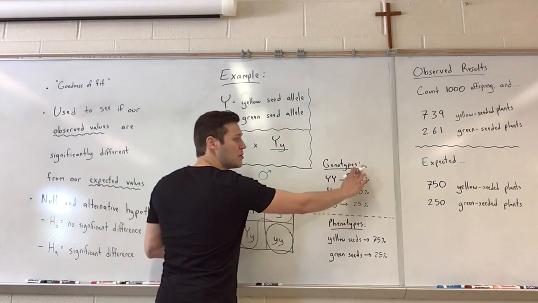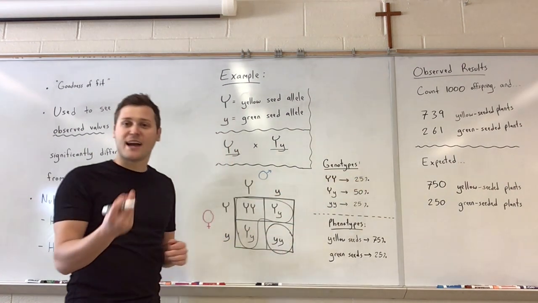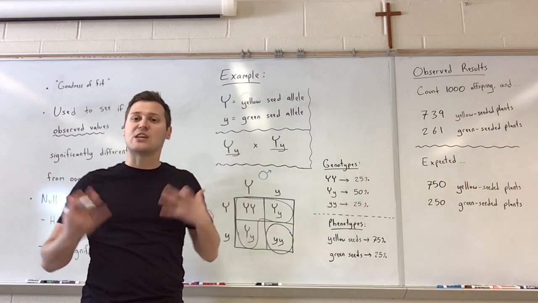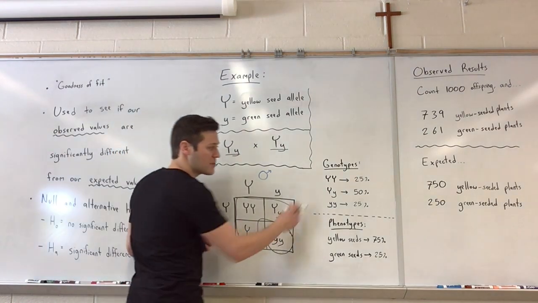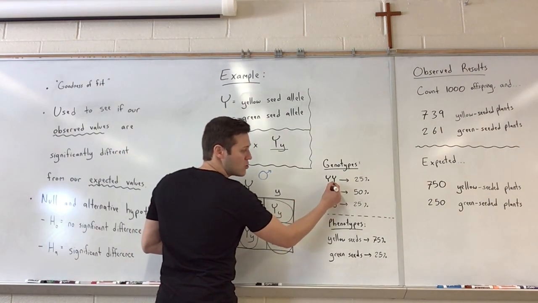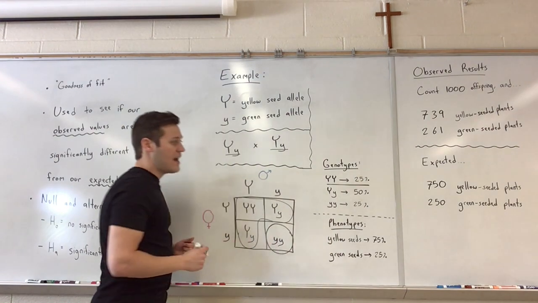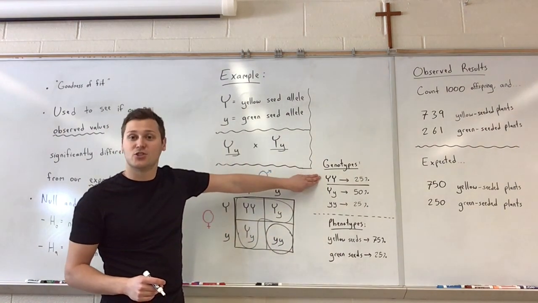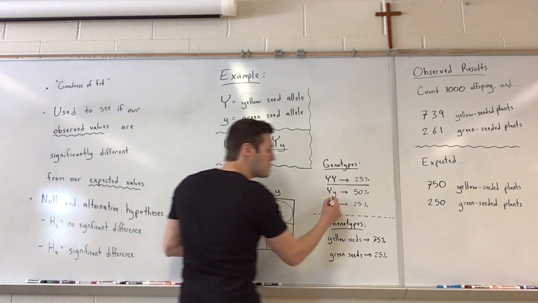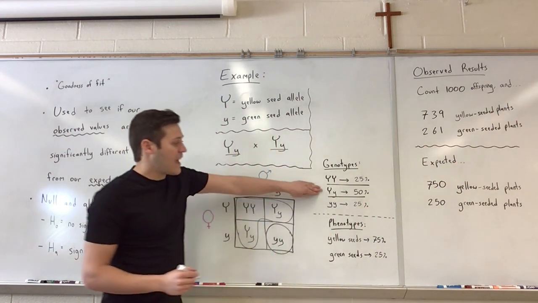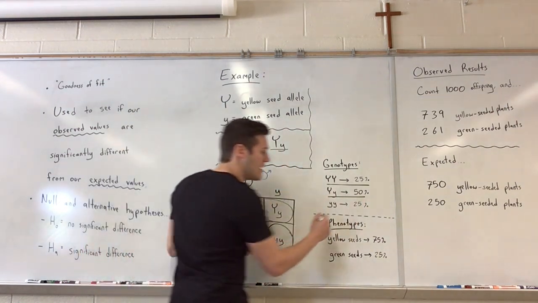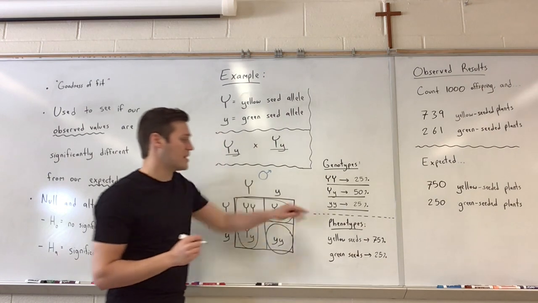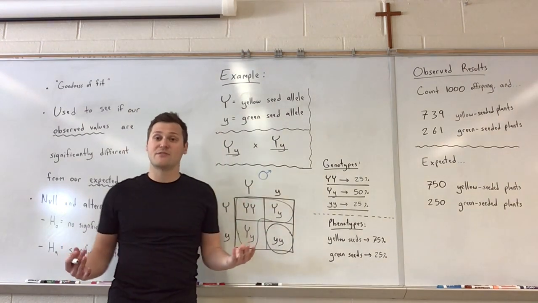Now, you can see over here, I kind of listed this out. So out of our genotypes, which is the actual genetic makeup, that's the combination of alleles that we have, for the offspring, we have 25% of the offspring having a homozygous dominant genotype, we have 50% of the offspring having a heterozygous genotype, and 25% of the offspring having a homozygous recessive genotype.